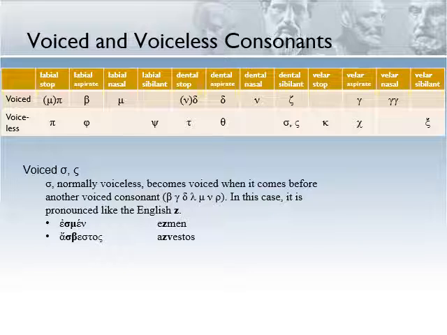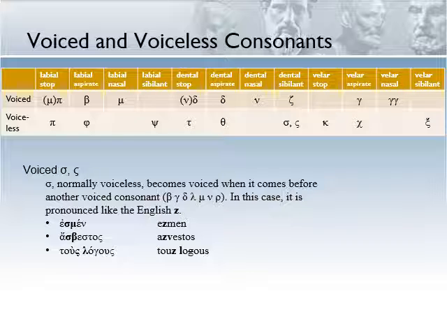But the first sigma in this word is going to take on the sound of Z. So notice, asbestos. And interestingly, this is the Greek word which in English gives us the word asbestos. The English pronunciation will pronounce the S like a normal S, which is voiceless. But in the Greek, this first sigma will become voiced like a Z sound, asbestos.